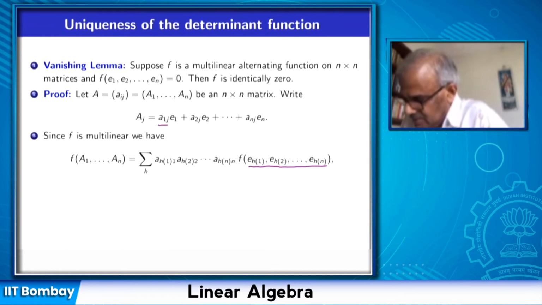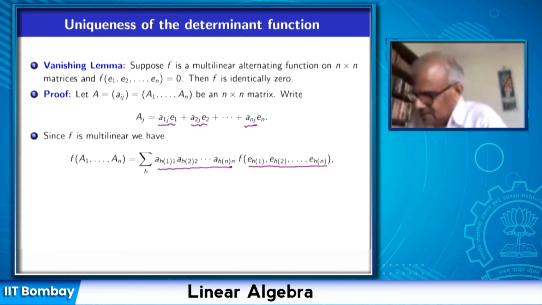These entries a1j, a2j, anj will come out of the function f, my multilinear alternating function. By the multilinear property, they come out, and we are left with f operating on a matrix where the column vectors are eh1, eh2, ehn, where h is some function from 1 up to n.